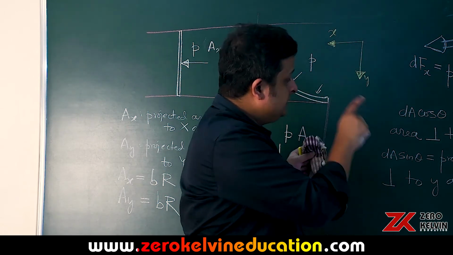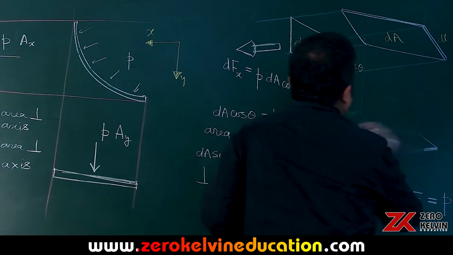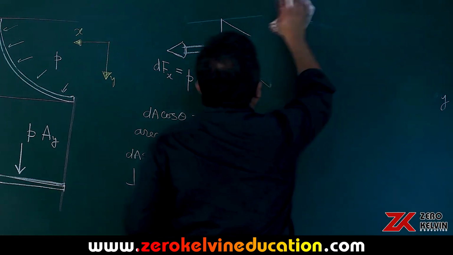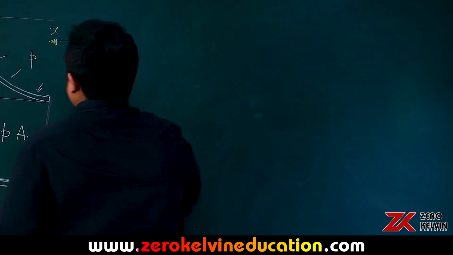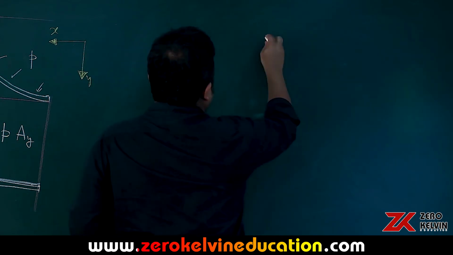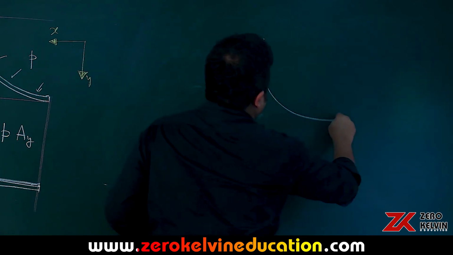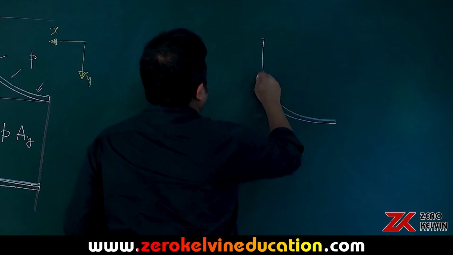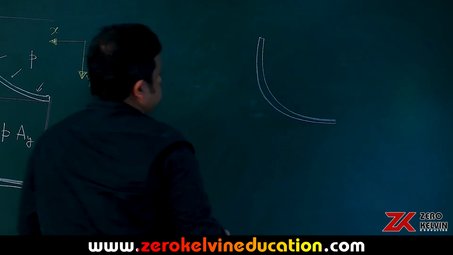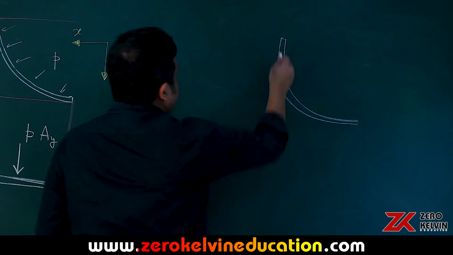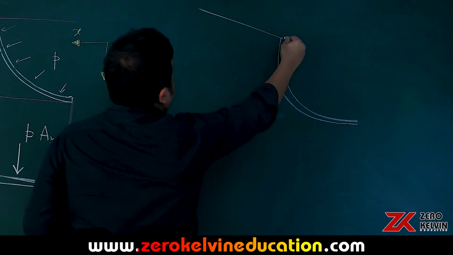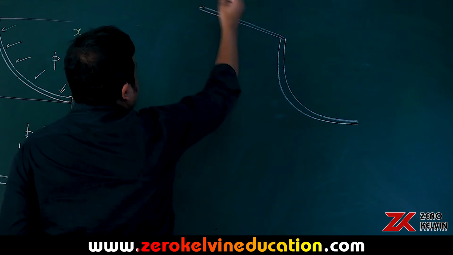I will show you by a three-dimensional diagram of the cylinder. So this was it. This is the quarter shell. Now, as this is a 3D diagram, we will have the width also. So there we can draw the width.